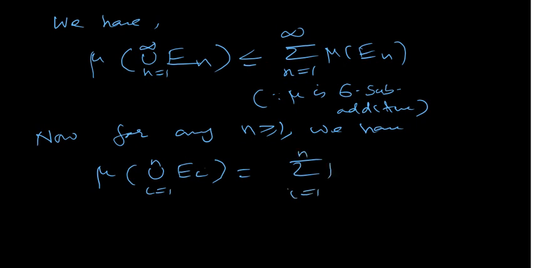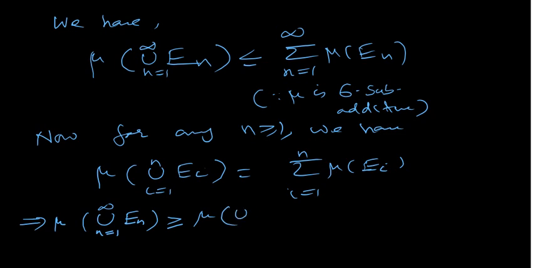You have this property. But this implies mu of union En, n runs from 1 to infinity, which is always greater or equal to mu of the finite union because of the monotone property. Here it's n, not infinity. It's n here, finite union.